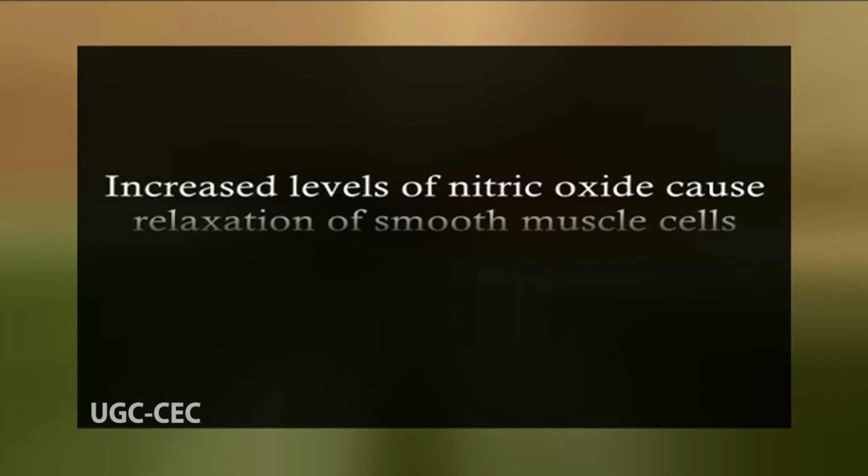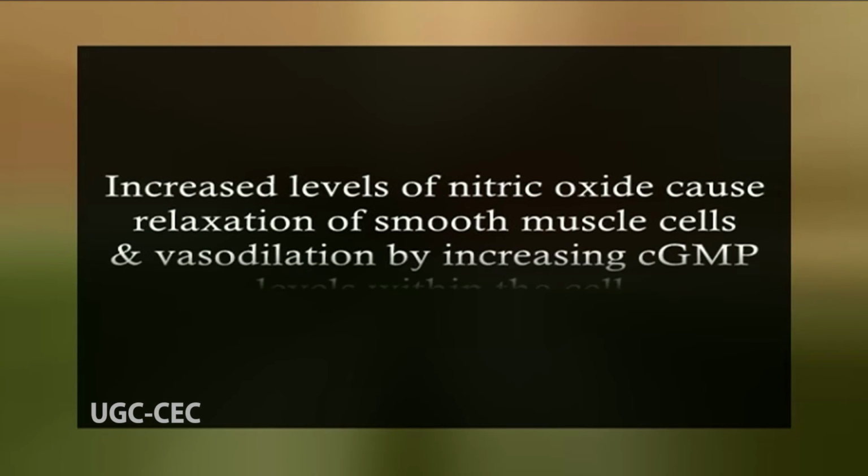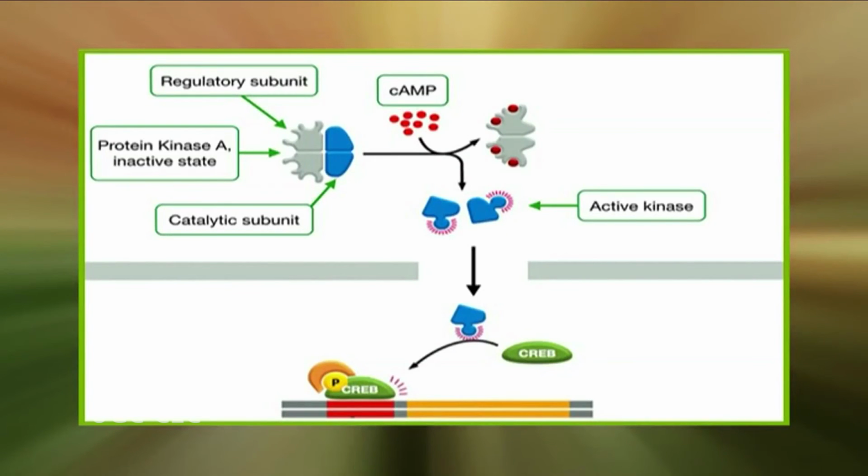Similarly, increased levels of nitric oxide cause relaxation of smooth muscle cells and vasodilation by increasing cyclic guanosine monophosphate levels within the cell. Increasing cyclic adenosine monophosphate levels can modulate signaling pathways by activating the enzyme protein kinase A. One of the most important functions of cell signaling is to control and maintain the normal physiological balance within the body.